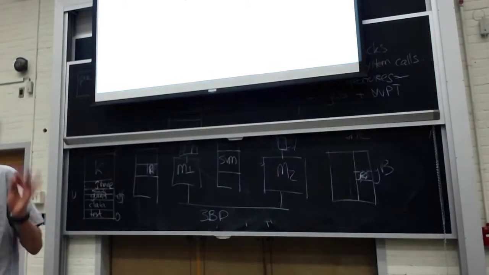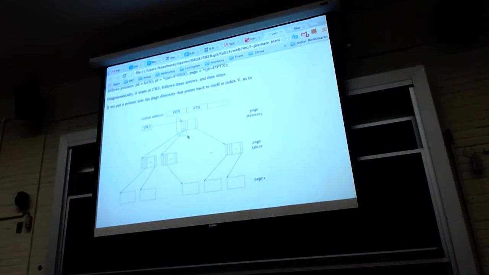You're going to take the top level 10 bits, index that, and where is that going to get you? It's going to get you back into the page directory. And you're like, why is that any good? Well, remember the next 10 bits are going to tell you which page table to use. So the next 10 bits are going to give you the page table, and then the next bits are going to give you the page table entry. And boom, using a single address, you actually get the PT entry.